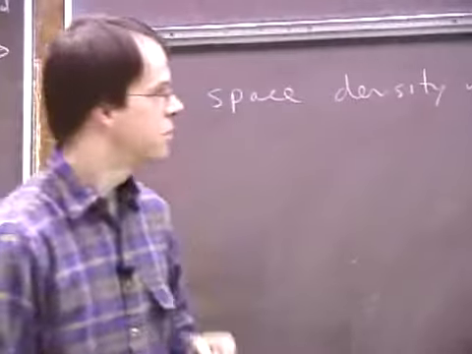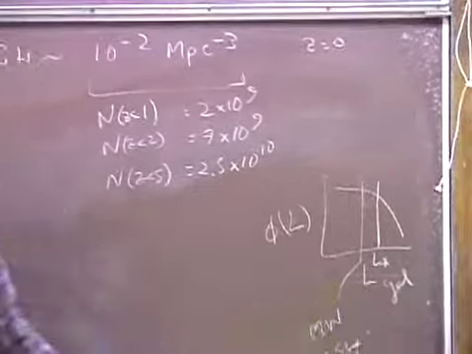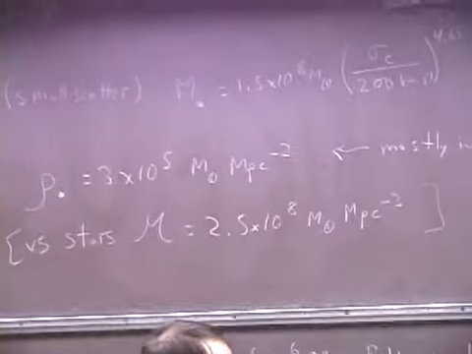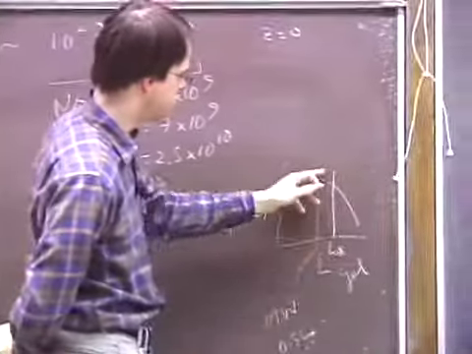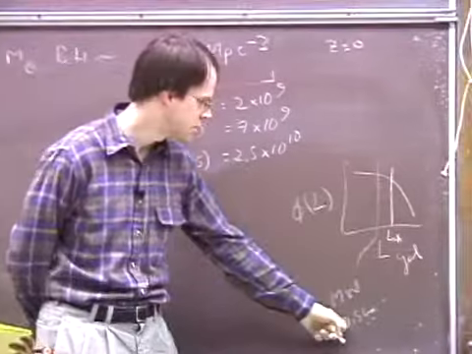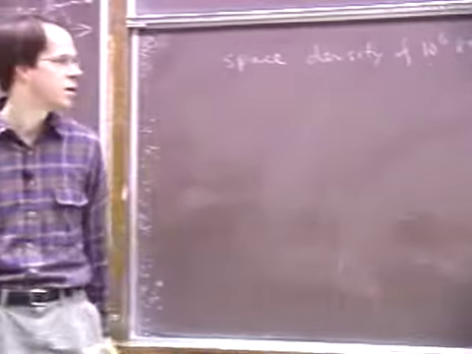So if you ask today, remember the Milky Way, by this correlation, has a black hole of 10⁶ solar masses. So the galaxies that we're interested in, having black holes more than about 10⁶ solar masses, are galaxies that are brighter than about a third of L star. So galaxies like the Milky Way and brighter.